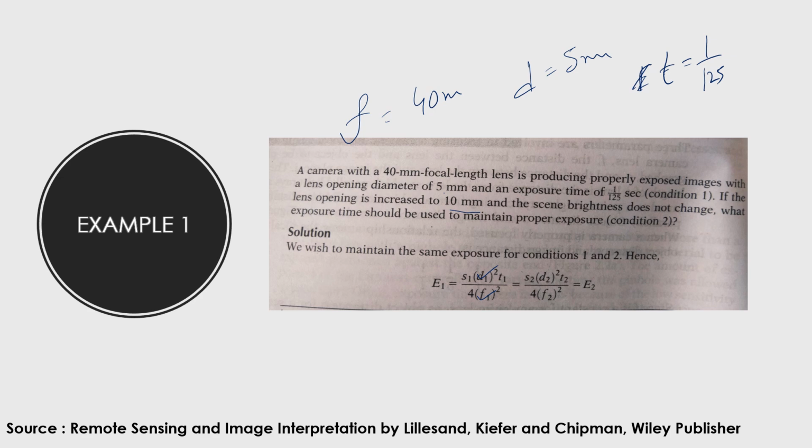So both S1 and S2 are the same. T1 is given, which is 1 by 125 of a second. And then you calculate to find the exposure, so first we have to find the exposure, and then you have to reverse it and find out the exposure time. Correct?